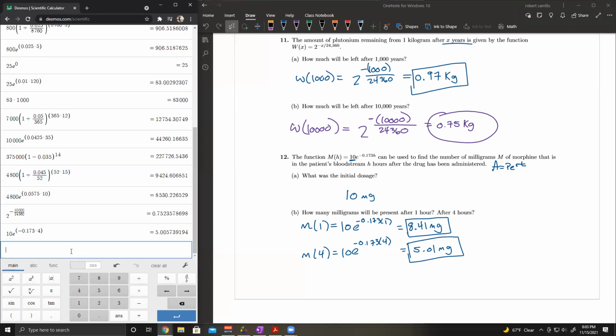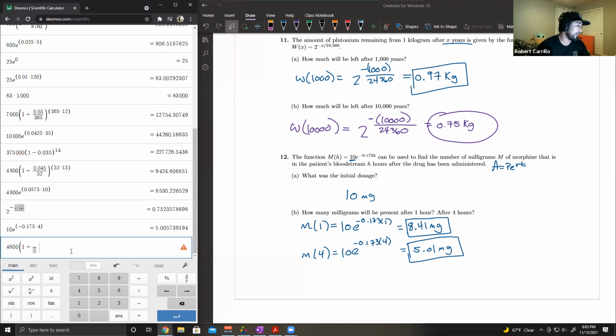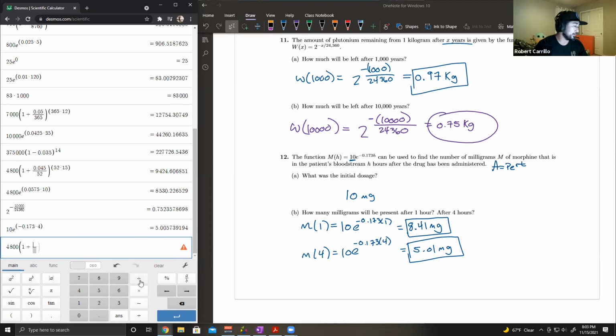So when you're typing things in, let's say I just rewrite that problem, 4,800, you'll put a parentheses, and then I'll say 1 plus, and after you hit that plus sign, hit your backslash on your keyboard. Backslash, and when you do that, it should create a fraction for you. Or using Desmos, you see that little division symbol there? Click on that, and it'll do that for you as well. Okay, wonderful. Thank you.